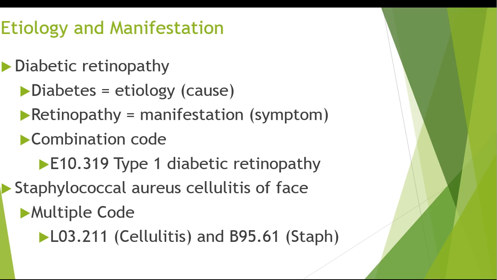So you can see etiology and manifestation codes could be one combination code that gives everything you need, such as in the example of diabetic retinopathy, or it could take multiple codes as we saw in this staphylococcal example.